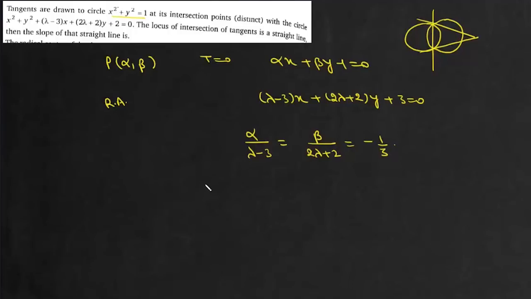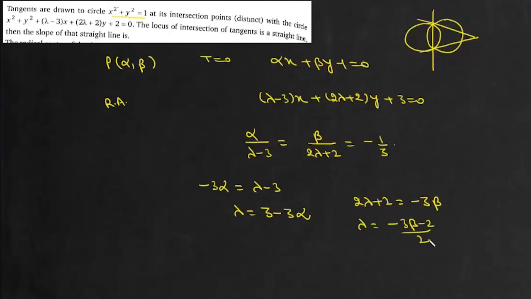So we get minus 3 alpha equals lambda minus 3, or lambda equals 3 minus 3 alpha. And here we get 2 lambda plus 2 equals minus 3 beta, or lambda equals (minus 3 beta minus 2) upon 2.